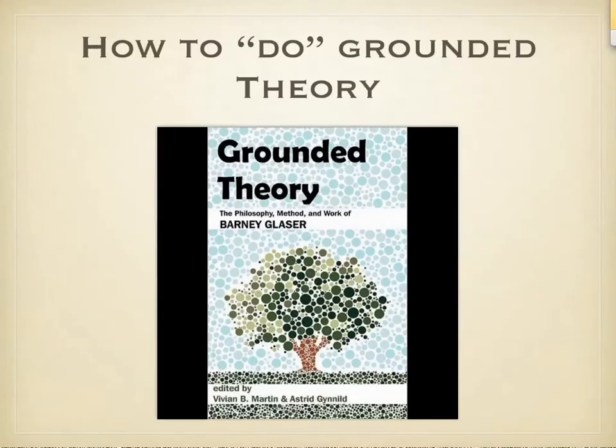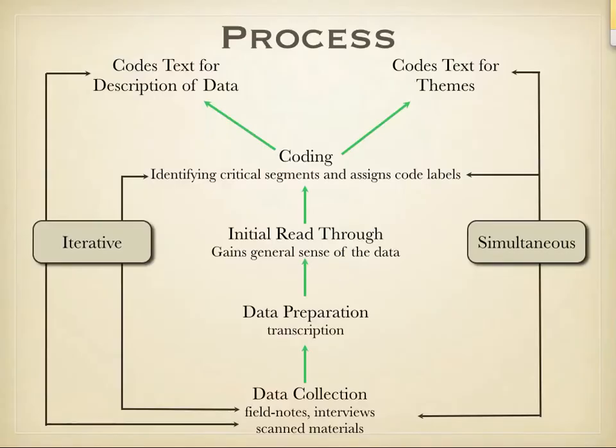How do you do grounded theory? Well, one thing that would help you is this little chart that shows the different steps in the grounded theory research process. Imagine that activity is flowing through two circles that are side by side. On one side we have data collection.